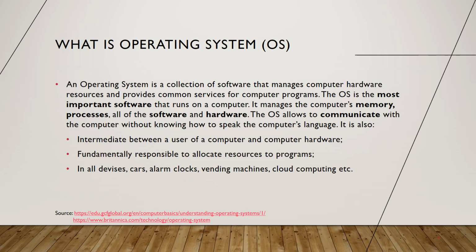So, what is operating system? By going through many sources, for me, a very interesting, very useful, very simple definition was: an operating system is a collection of software that manages computer hardware resources and provides common services for computer programs.